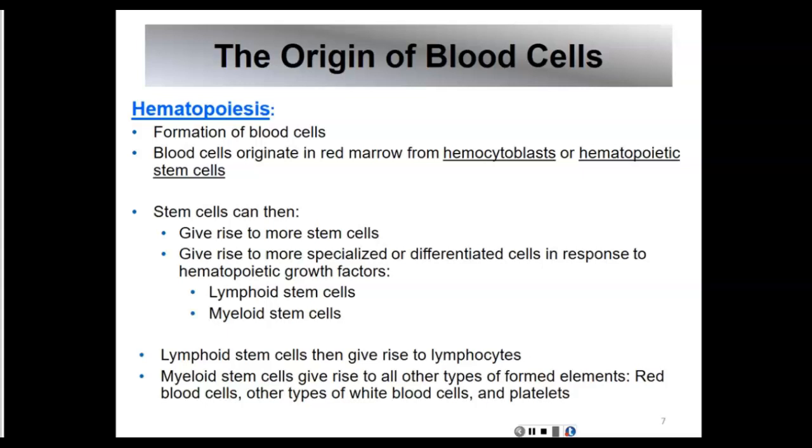Those stem cells can then give rise to more stem cells or give rise to more specialized or differentiated cells in response to hematopoietic growth factors that will change them to lymphoid stem cells or myeloid stem cells. Lymphoid stem cells give rise to lymphocytes, and myeloid stem cells give rise to all other types of formed elements, the red blood cells and other types of white blood cells and platelets.